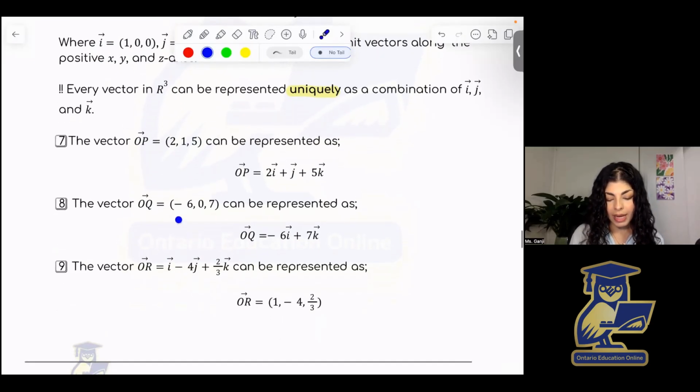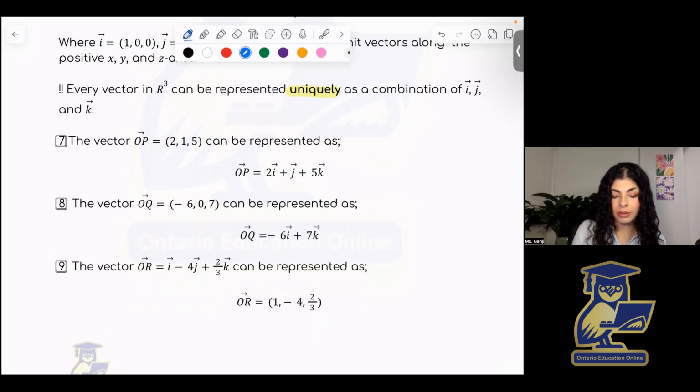Now, if you have a negative in there, this will just be -6i. Here, because my y component is 0, I can just exclude j. I don't have to write 0j because 0 times j is a scalar times a vector, which gives me the 0 vector, and the 0 vector doesn't make a difference. So we can exclude it. So we just have -6i plus 7k, which comes from the z component.